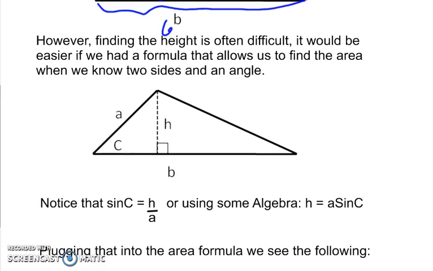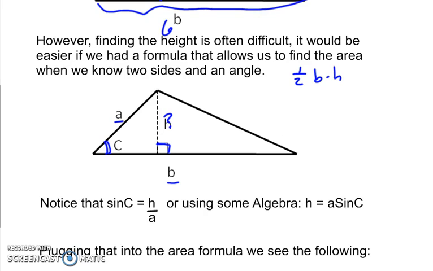So I'm going to give you guys some ideas here. Let's say that I do 1/2 base times height. If I think about, well, the height has to make a right angle with that opposite side, maybe I can use some trigonometry to help me out here. Let's say I know this angle and I know these two sides, and I'm trying to figure out how tall this triangle is.